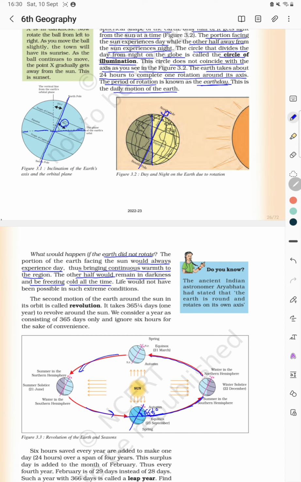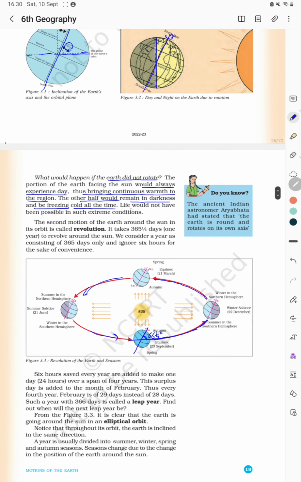So when earth does not rotate, the portion of the earth facing the sun will have warmth always, and the one which is in the dark side will be cool always. So in that scenario, life would not have been possible in such extreme conditions.